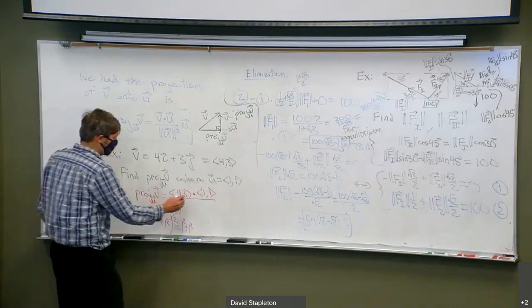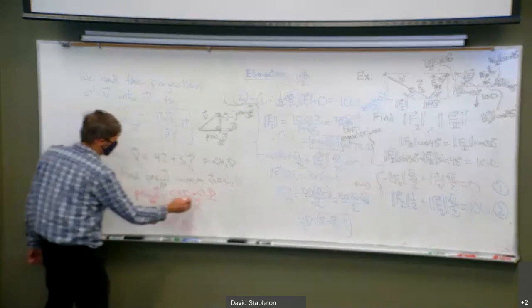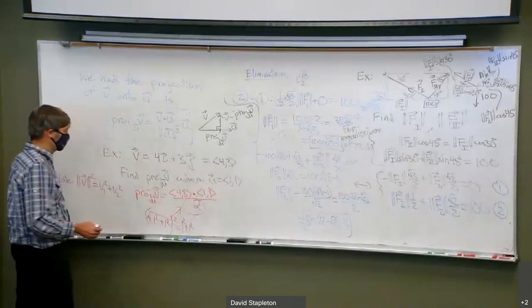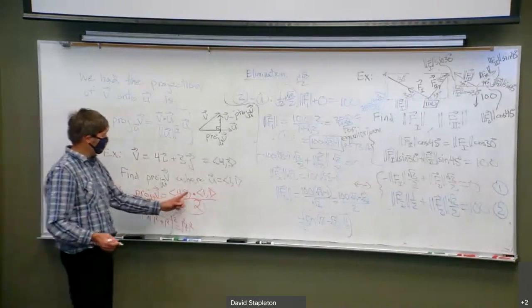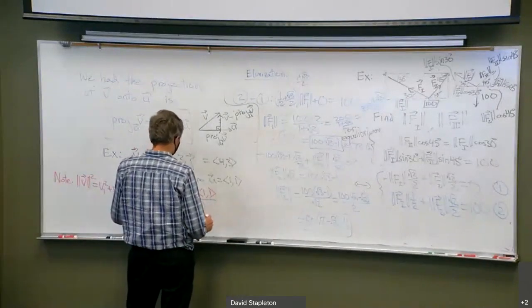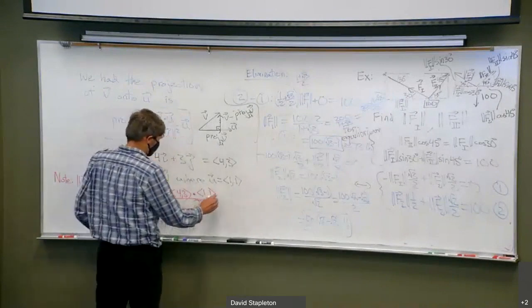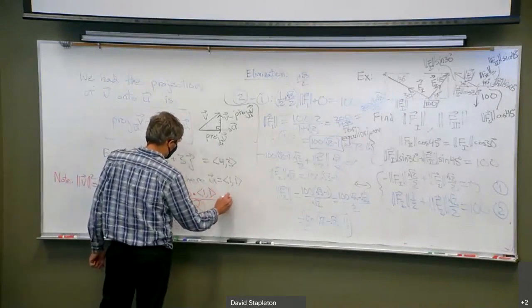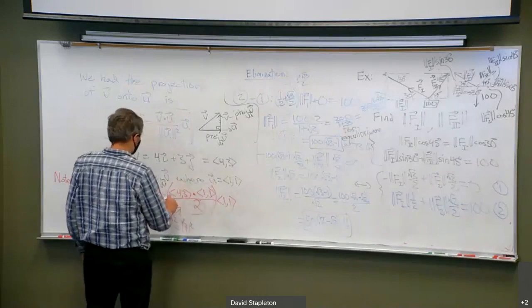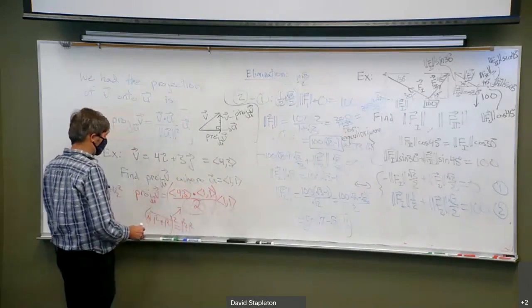So this will be 2 on the bottom. So the projection is just this dot product over 2, and then times U, times 1, 1. This number, V dot U over length of U squared, times the vector 1, 1.